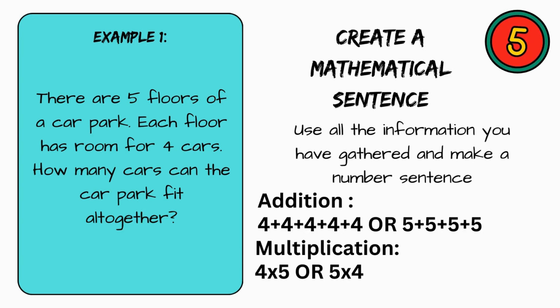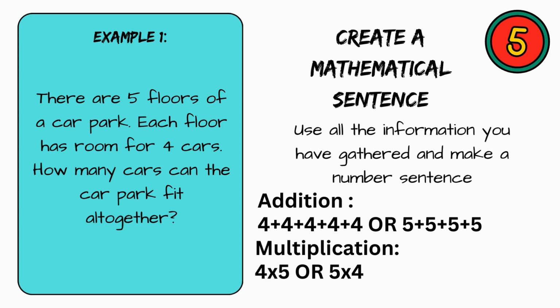And now in step 5, we are taking those steps further to create the mathematical sentence, a number sentence for this word problem. Use all the information you have gathered to make a number sentence. Mathematical sentence and number sentence are the same.